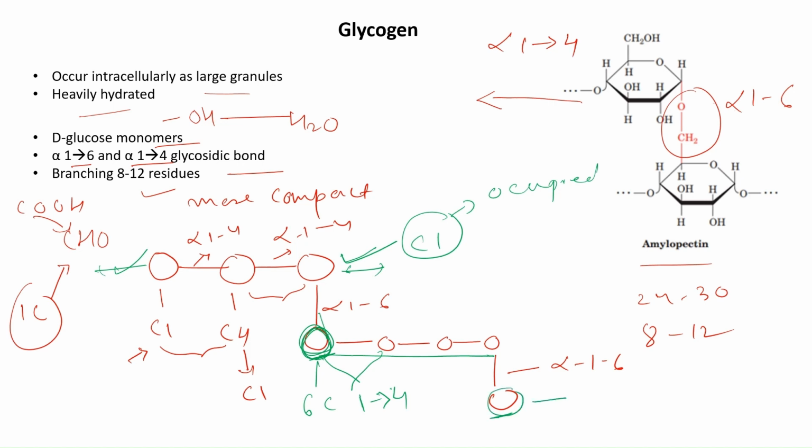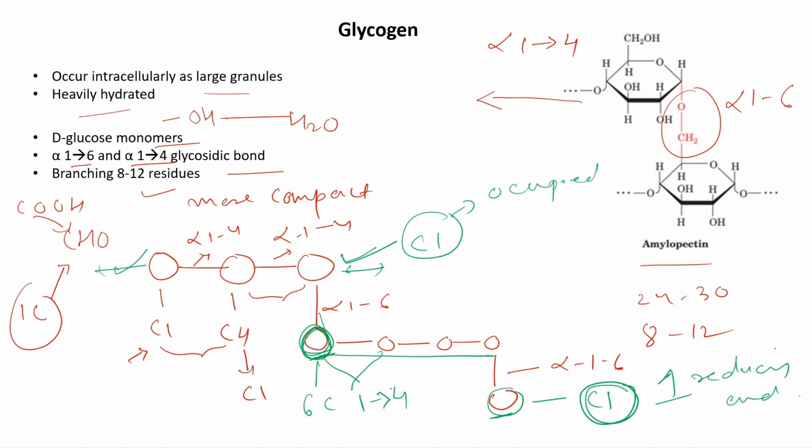For this, the C1 is free because this is the last glucose molecule for glycogen. So no more glucose is attached with this. So for this glucose, the C1 is free. So that means in the case of glycogen, it contains many non-reducing ends and only one reducing end.